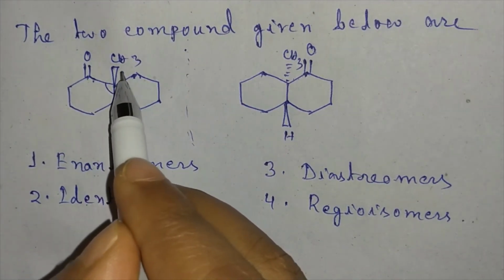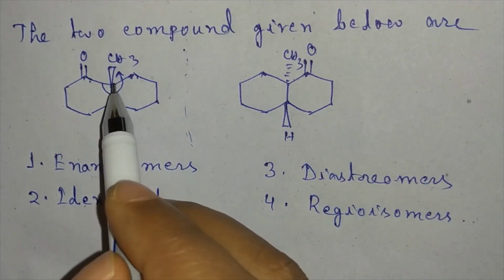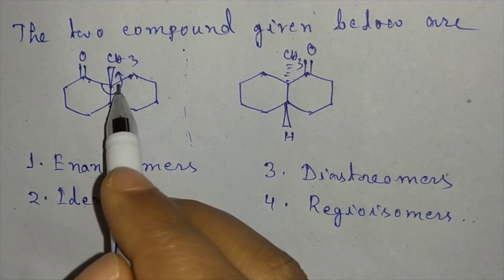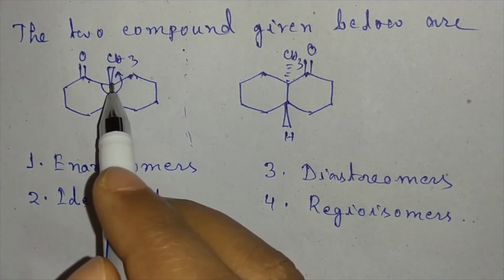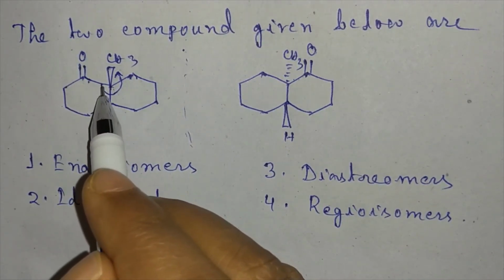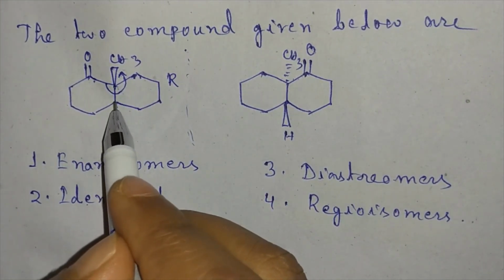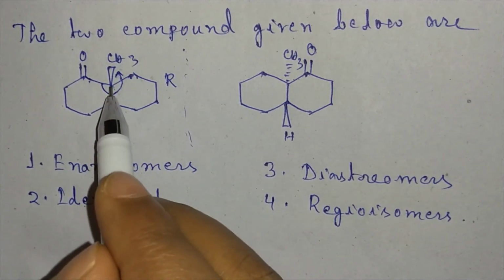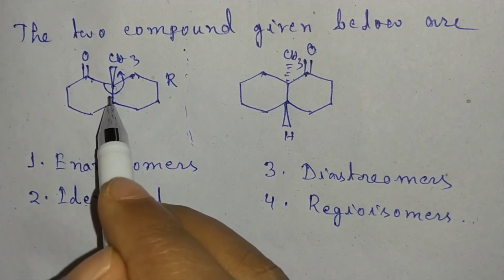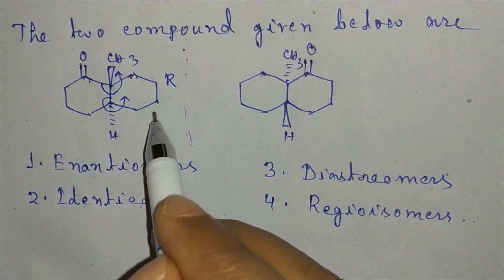So it is rotating in anti-clockwise direction, but the methyl group is above the plane. If the methyl group is below the plane, it is anti-clockwise direction, so the configuration should be S, but as the methyl group is above the plane, the configuration will be R. And here for this, the priority sequence is, this is 1, this is 2, this is 3. So it is in anti-clockwise direction and hydrogen is below the plane, so it should be S.